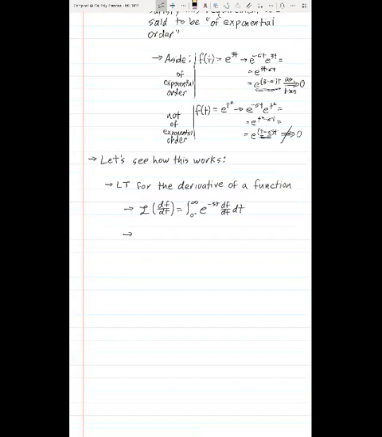So with that, let's go ahead and work with this transformation. The easiest way to work with it, or at least I think it's the easiest way, is integration by parts.